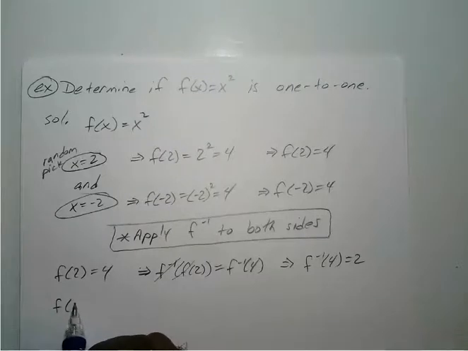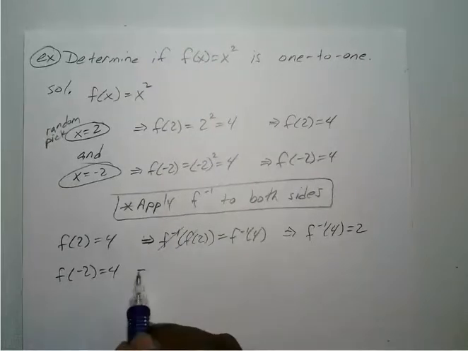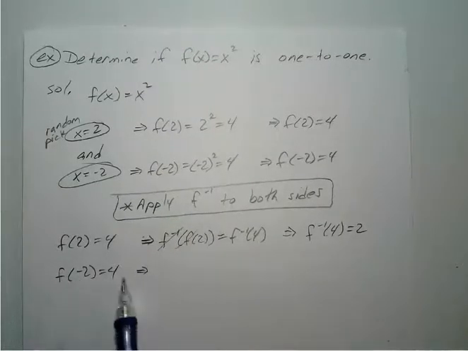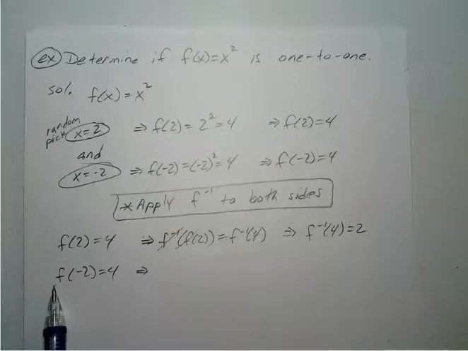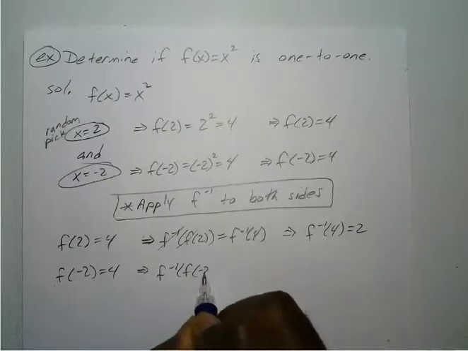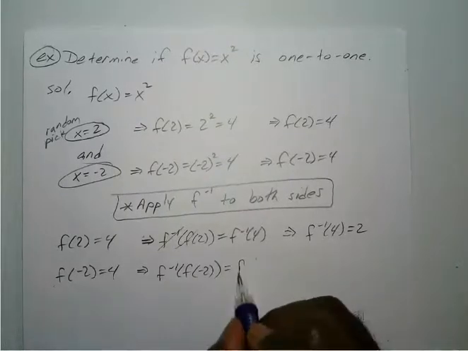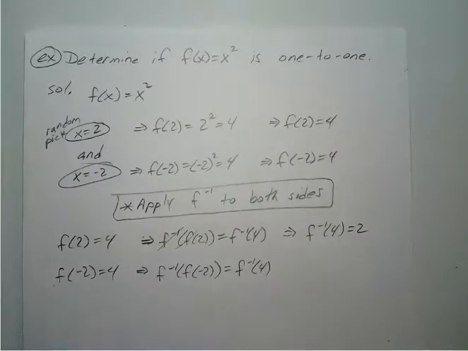Okay, so what about f of negative 2 equals 4? Again, we apply f inverse to both sides. You have f inverse of f of negative 2 equals f inverse of 4. Again, the function and the inverse cancel out, so f inverse of 4 is equal to negative 2.